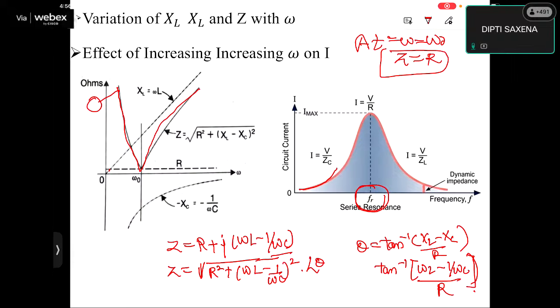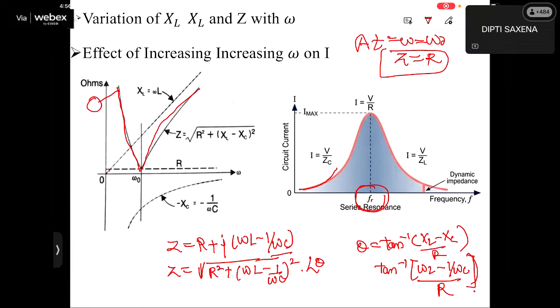Now, since the impedance was minimum at the resonant frequency, the current would be maximum, and the maximum current is given by the expression V upon R. Now, as omega continues to increase beyond the resonant frequency, the impedance again starts increasing and the current starts falling.